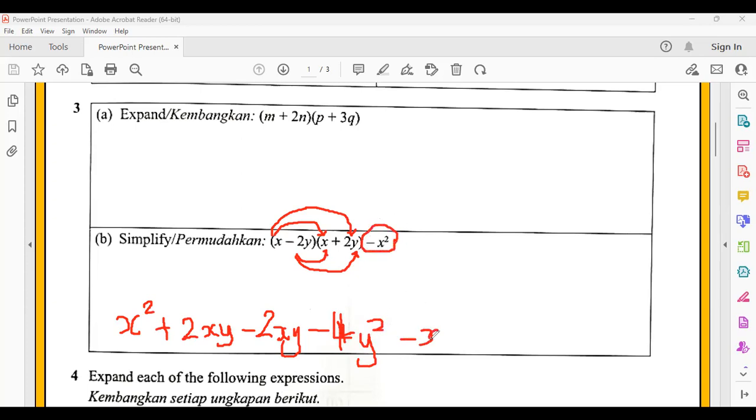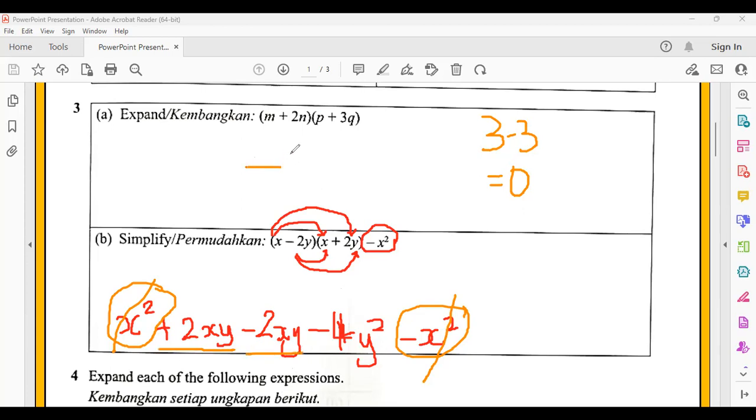So minus x squared. Now, look at your terms. x squared minus x squared is just like 3 minus 3. The answer will be 0. So x squared minus x squared will cancel off and become 0. Positive 2xy minus 2xy is just like positive 2 minus 2.